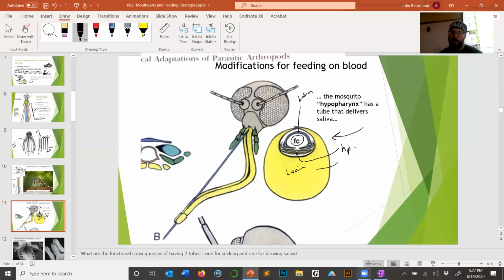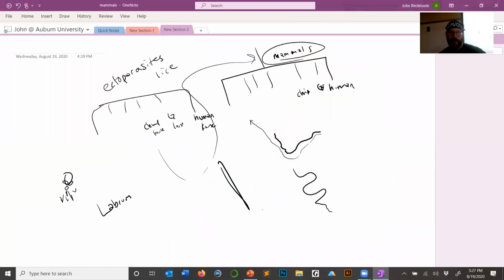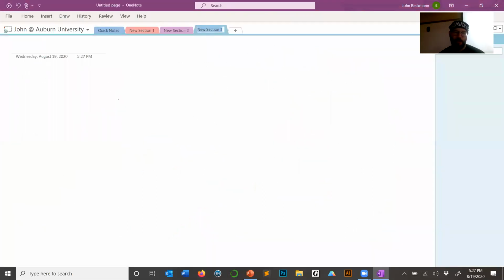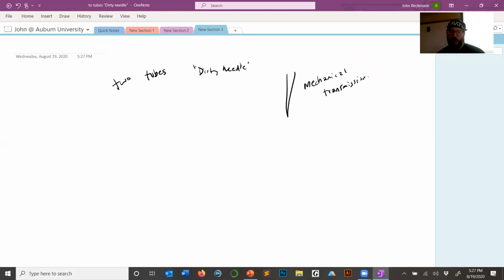The important thing you want to know is there are two tubes. This is why in the first lecture I said the dirty needle analogy is not a good analogy for mosquitoes, because a dirty needle is what's called mechanical transmission of diseases.